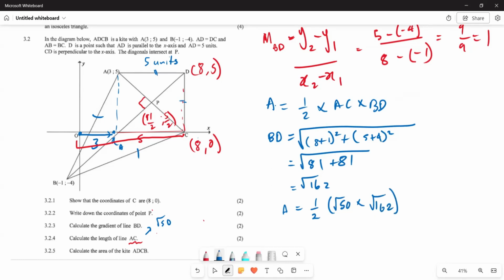The area that I'm going to find here is going to be 45, if I'm not mistaken. So this is going to be 45 units squared. Basically, that is the area of this particular kite that they are looking for. Hopefully this makes sense to you now and you are in a position to answer all these questions. Thank you very much for your cooperation.